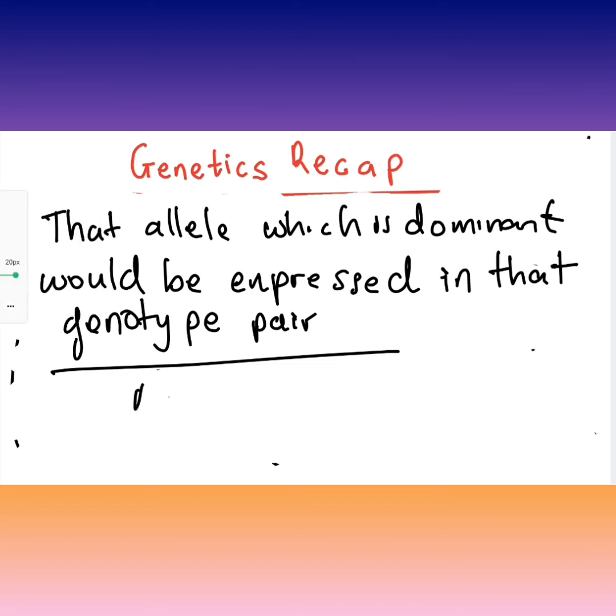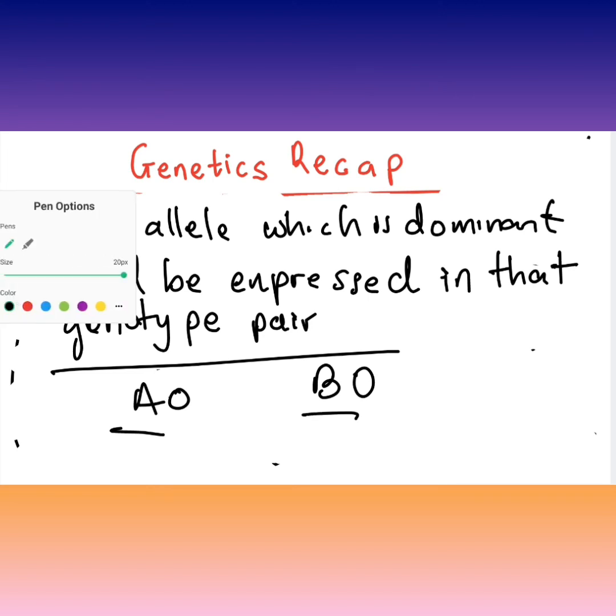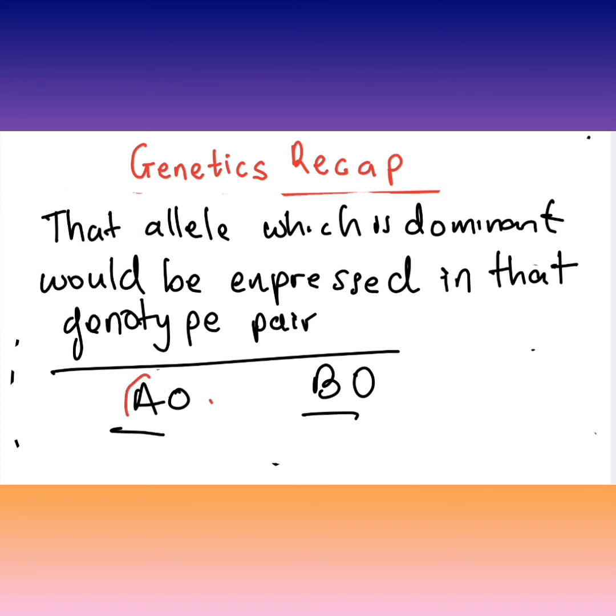So we have AO, BO, and we have A and B. I'm just going to put those in red just because it's more fun. We have A and B being dominant.